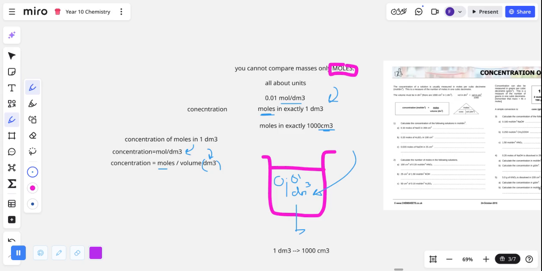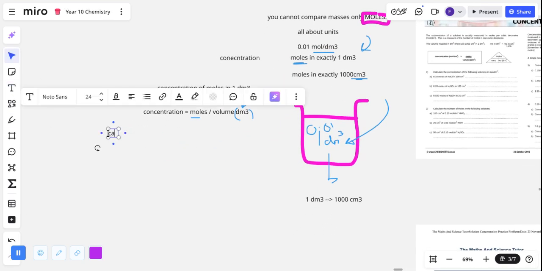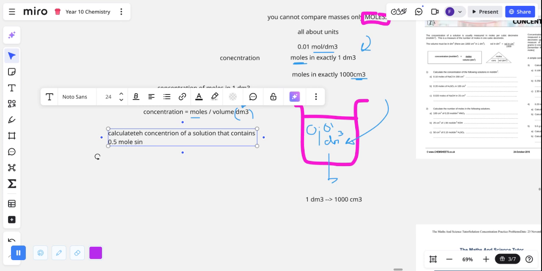So what's the big deal? What's the issue? The issue is the question, so I'm going to just make a question up. Calculate the concentration of a solution that contains 0.5 moles in 100 cm cubed.